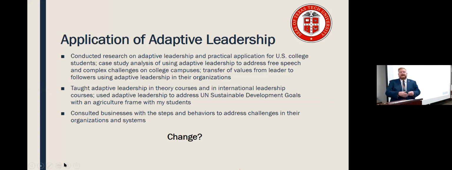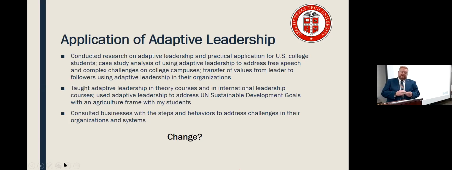I and some colleagues have written an article for college administrators, for university administrators, to see how they could use adaptive leadership to solve challenges on campus, such as free speech issues and addressing the pandemic. That was a suggestion that we made before we even knew that COVID-19 was going to have such a big impact here in the world.